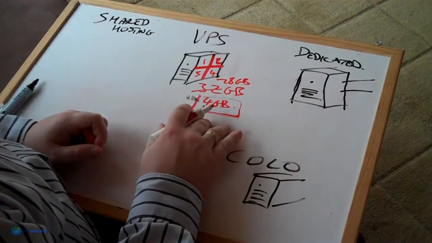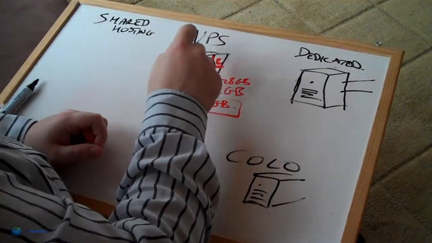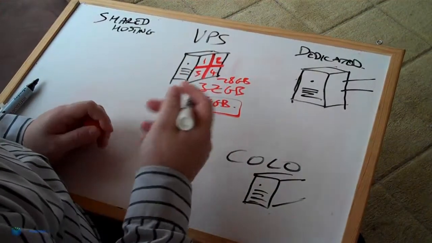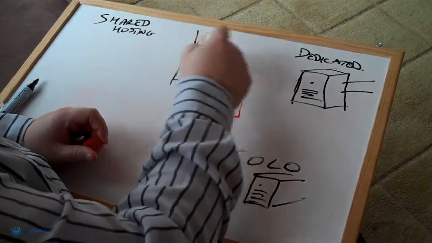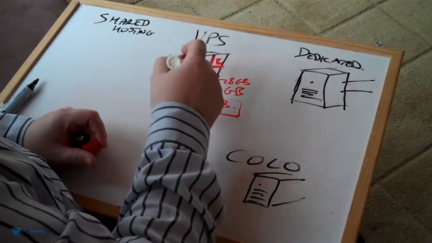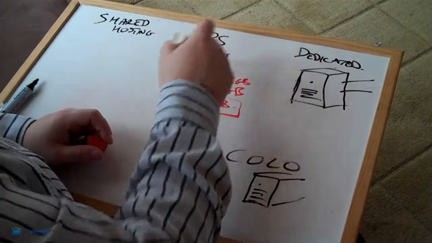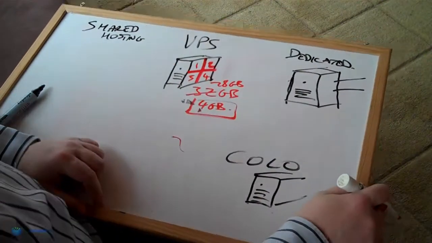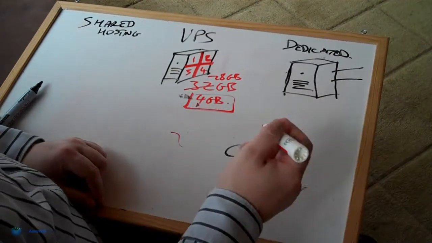You control that completely. Now, it's called VPS because it's virtual private server, and the reason it's called virtual is because of the way these systems work: each machine is divided up and running a bunch of different operating systems, or VMs, virtual machines.